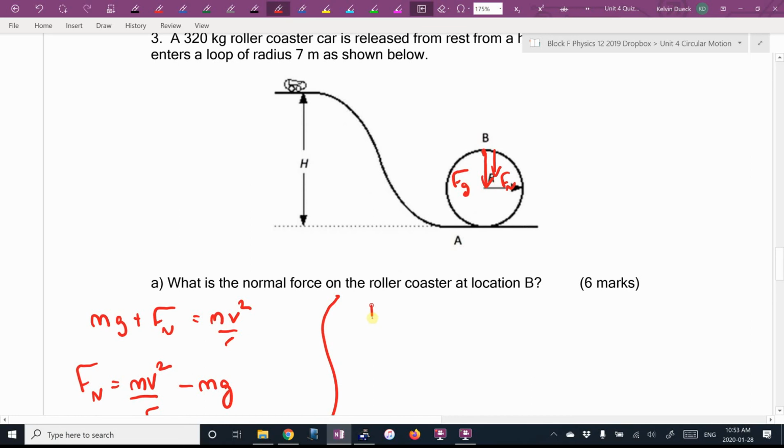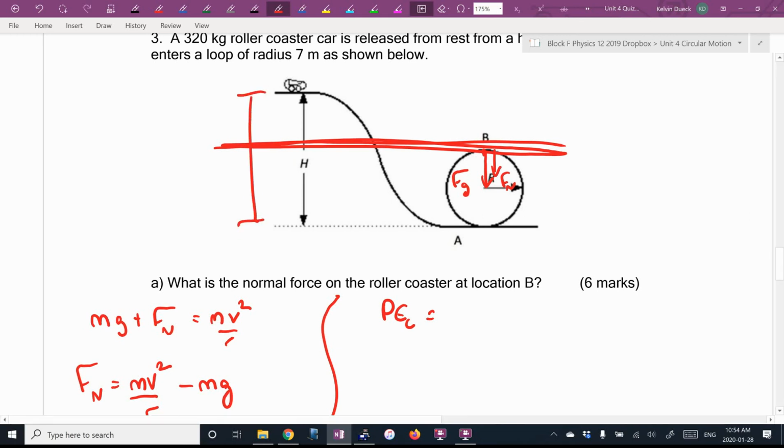So I'm going to go KE, from rest. It's just going to be PE initial equals, well, I got a couple of options. I could let that be the ground. If I let that be the ground, what height am I dropping this from? Well, how high is the actual hill?